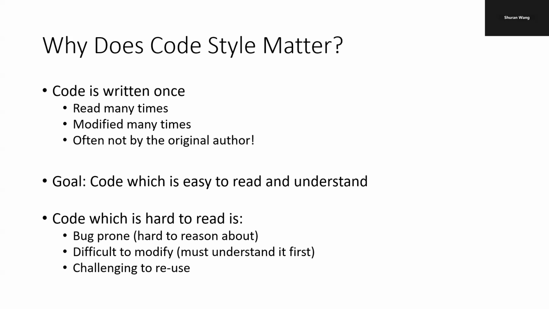So the goal for code style is that we want to make the code easy to read and understand. And this really helps with debugging. If your code is hard to read, it's going to be hard to debug. It's going to be hard to modify, and it's challenging for reuse because you won't want to use any code that's too hard to read.